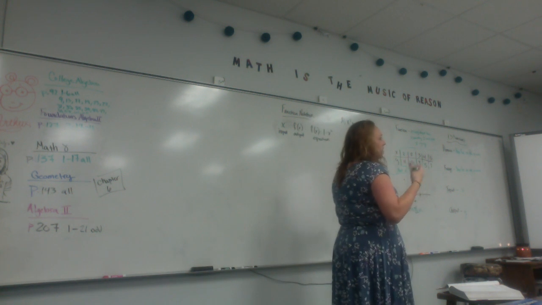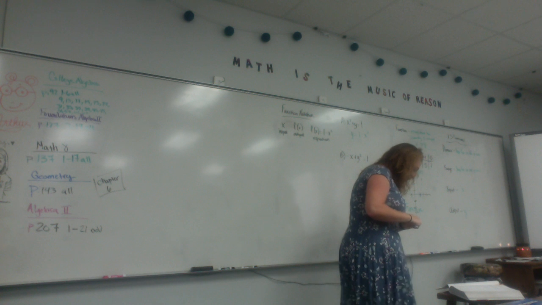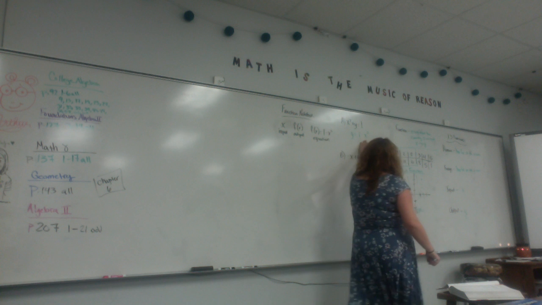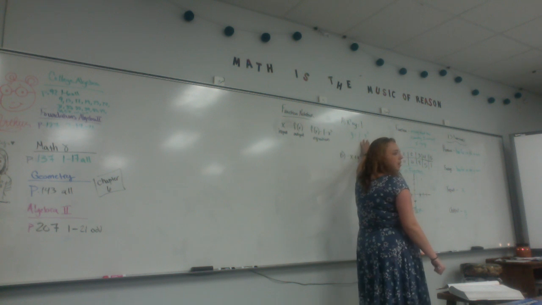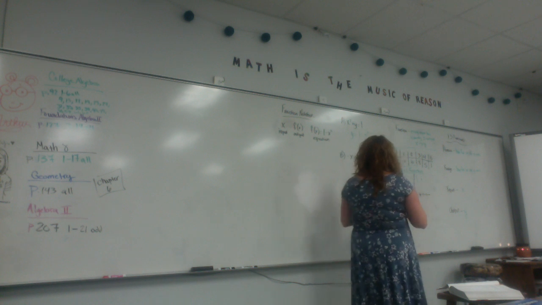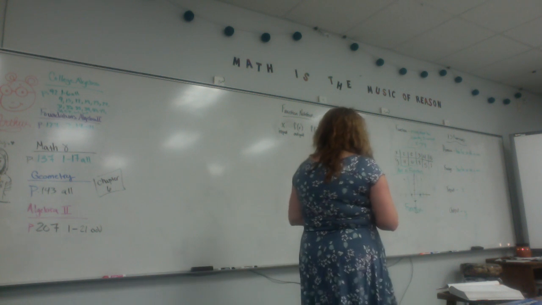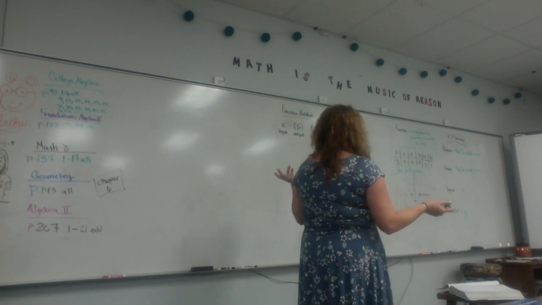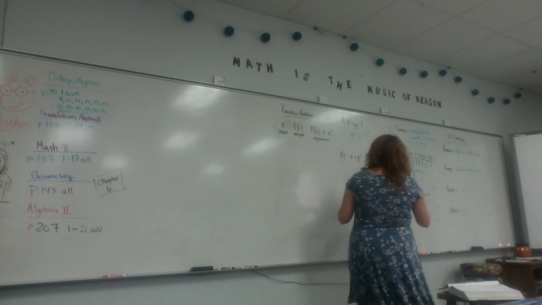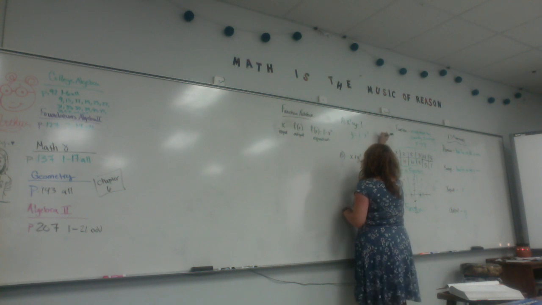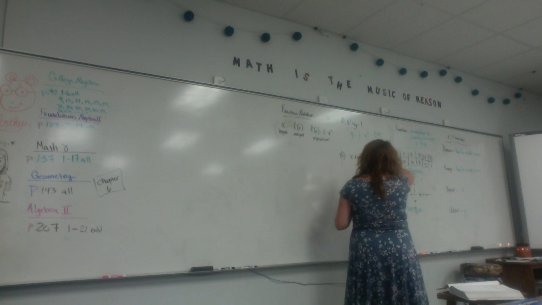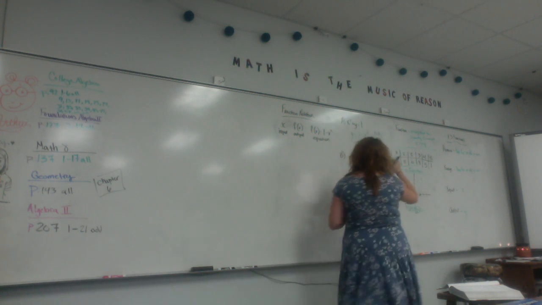The easiest way to test that is to plug in the same number, positive and negative, for x and see. If I plug in a 1, I get y equals 1 minus 1, which is 0. If I plug in a negative 1, I also get 0.